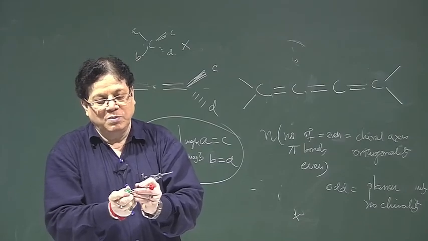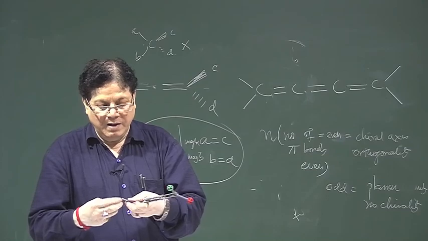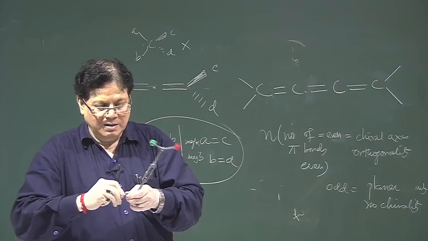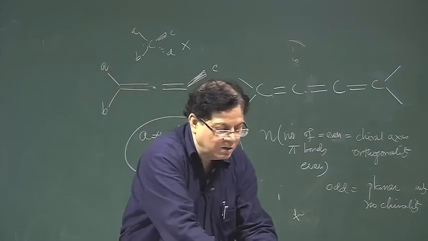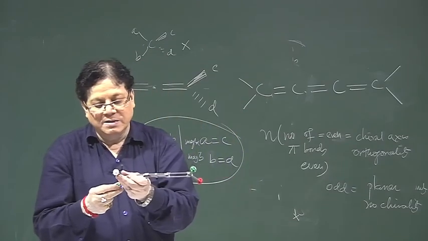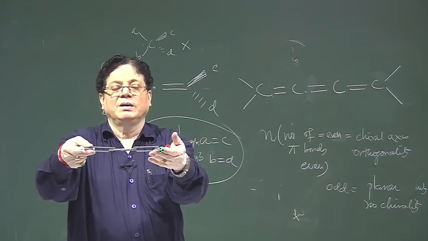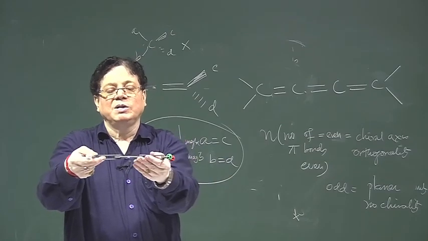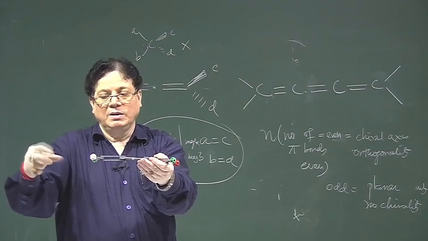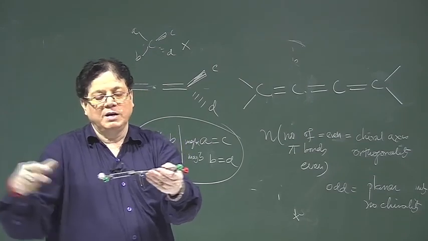This is the blue and the green, and this is the white, and you can take any other. Whatever you take, it does not make it chiral, because it is a planar molecule. The plane itself, I repeat, is the plane of symmetry. If you put in another one, then it becomes orthogonal; if you put in another one, it becomes planar.